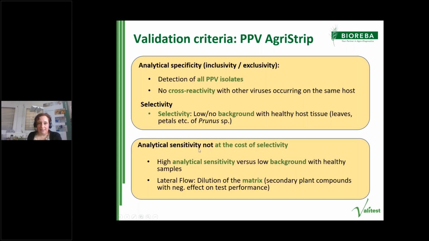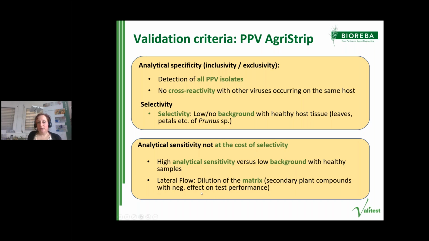Then analytic sensitivity, we also look at that, but not at the cost of selectivity. So for lateral flow test, we have to find the balance if we have high analytic sensitivity and low background. There's also always a balance to take here. And I would like to explain you why.